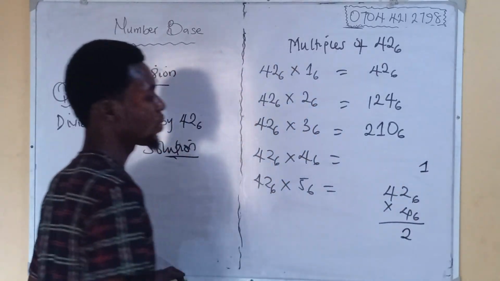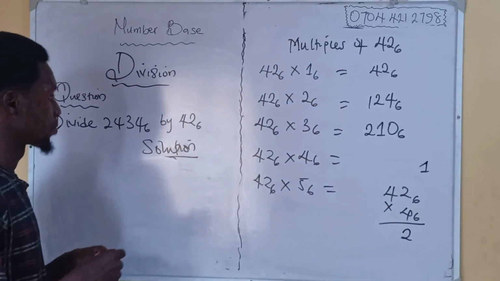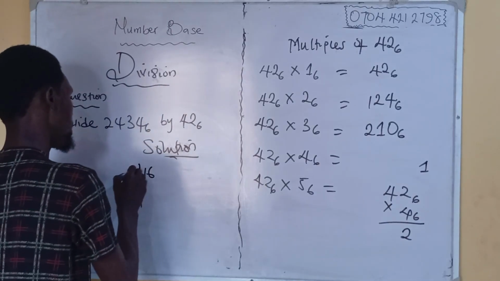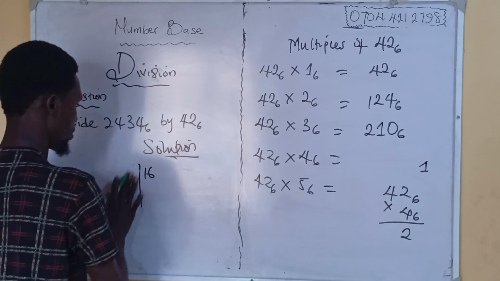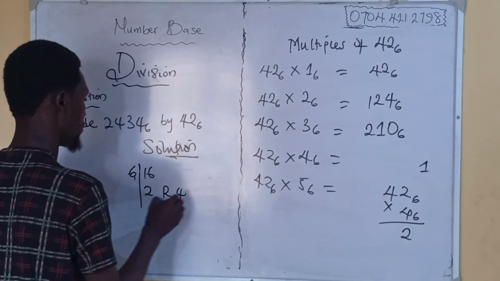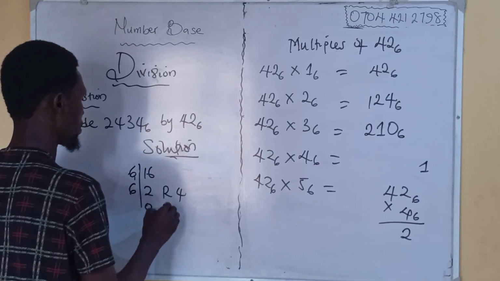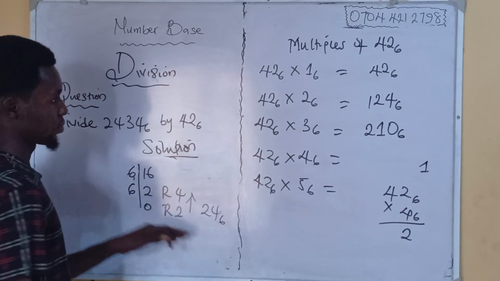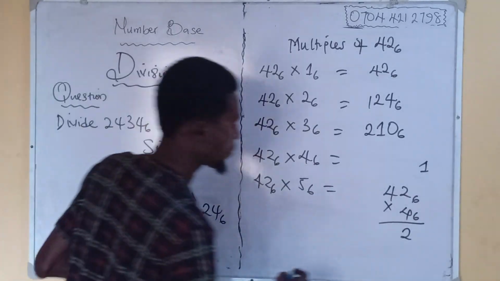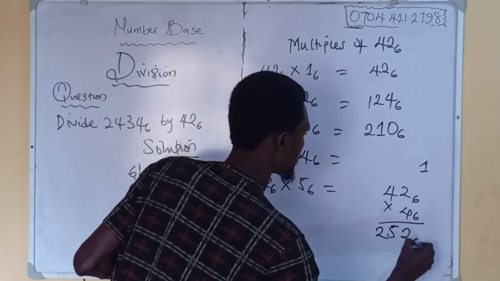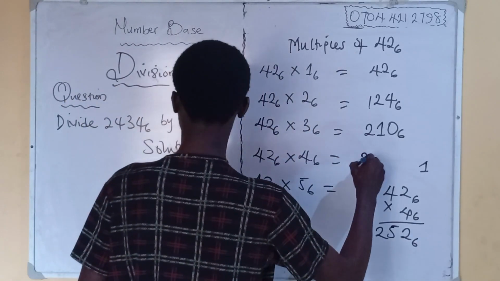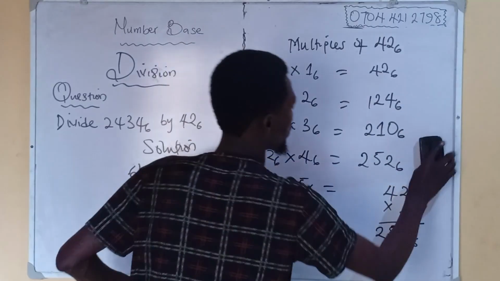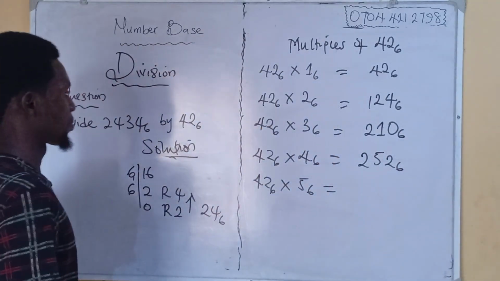Carry 1. 4 times 4 is 16. 16 will be, let's see, 6 goes 2, remainder 4, 0, remainder 2. So that would be 24 base 6. Plus that one, 25. Go to the next one.